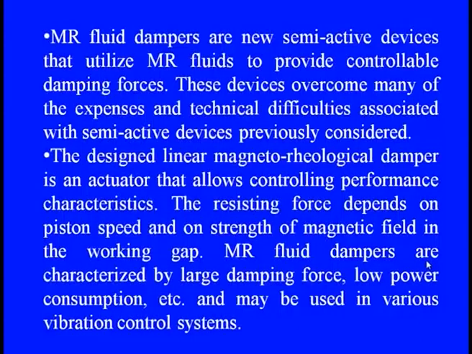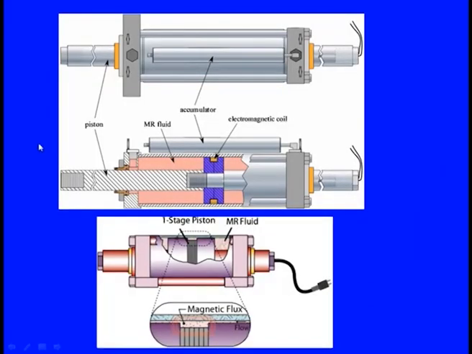These dampers can also be characterized by large damping force and low power consumption, and can be used in various vibration controlling systems. As you can see here, we have the MR fluid and the piston, because as I told you, it depends directly on the piston speed.